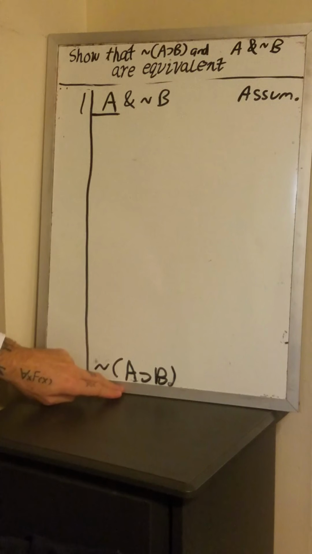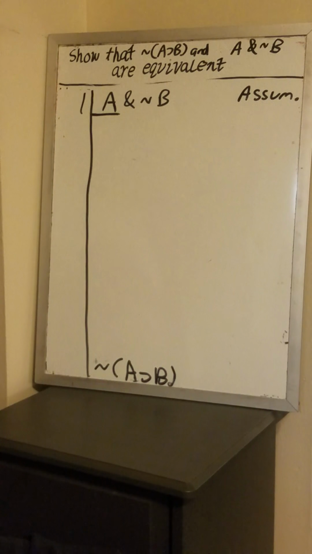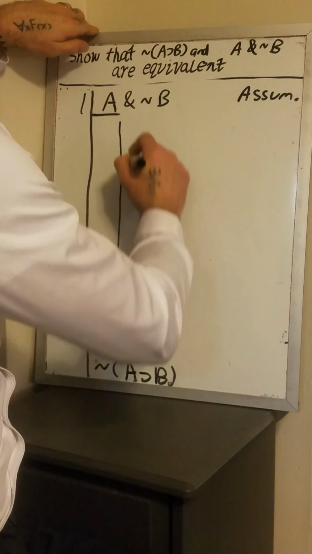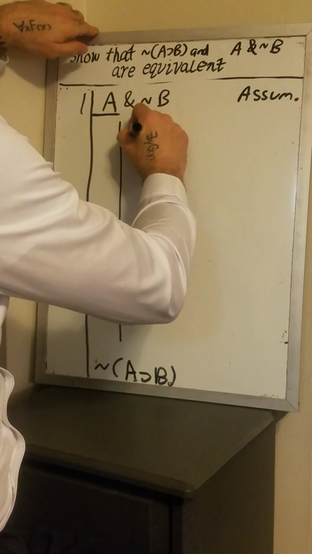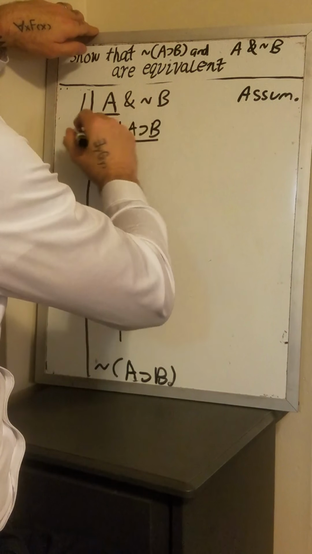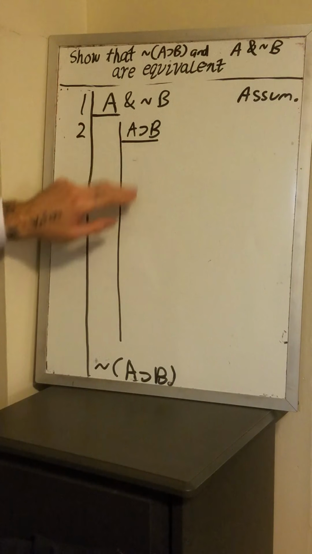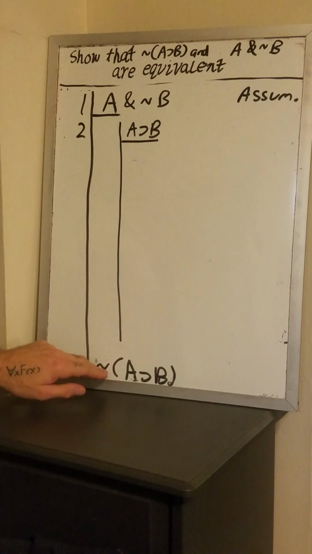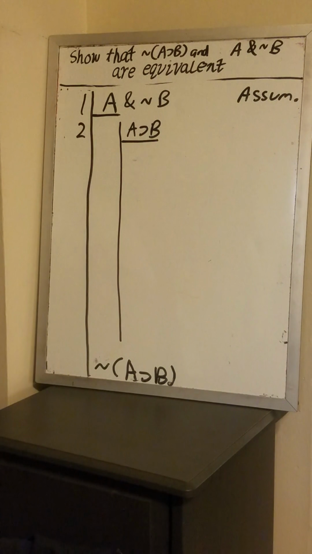We're trying to get a negated conditional, so what we should do here is assume the opposite of what we're trying to prove. So we're going to assume if A then B. So what we're trying to do here is show that A therefore B gets us a contradiction, and then we can negate it. So we're assuming it for purposes of negation introduction.